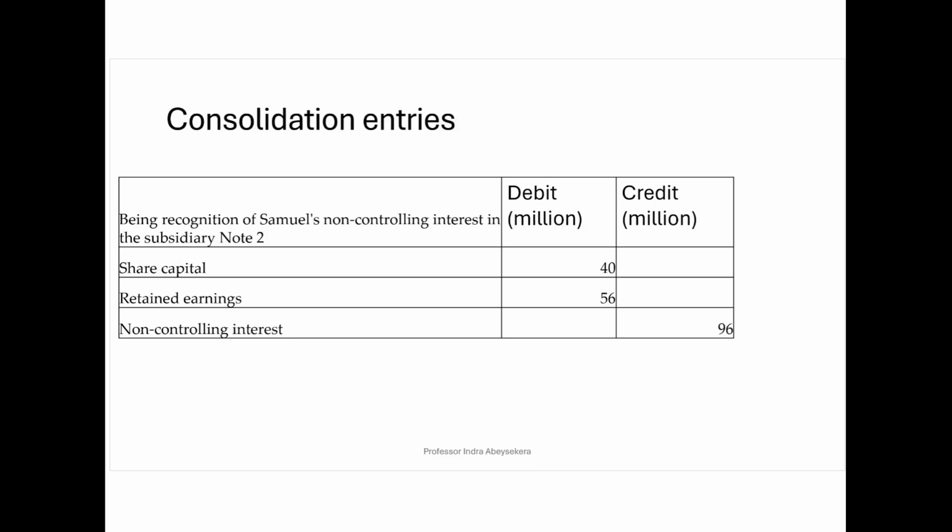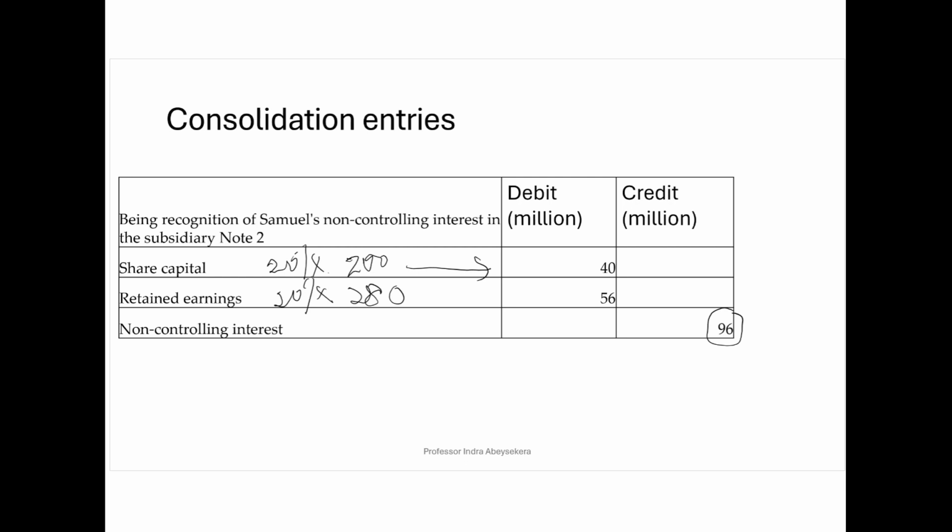In that 200 of share capital, Samuel still has 20%, so share capital is 40, and of retained earnings of 280, Samuel still has 20% of that, that's 56. The non-controlling interest that is assigned to Samuel is 96.